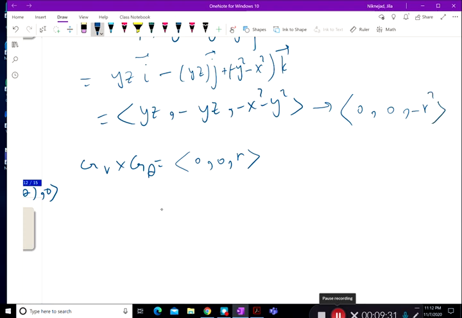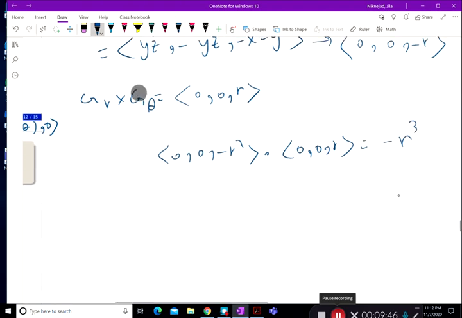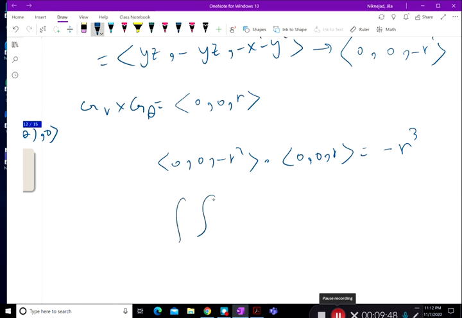So the dot product of 0, 0 and negative r squared with 0, 0 and r ends up to be negative r to the third, and we're integrating over the disk, so 0 to 1 and 0 to 2 pi of negative r to the third dr d theta.